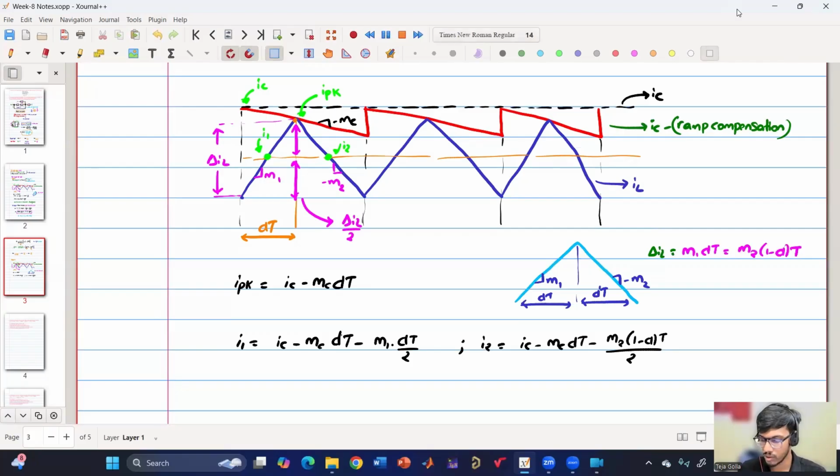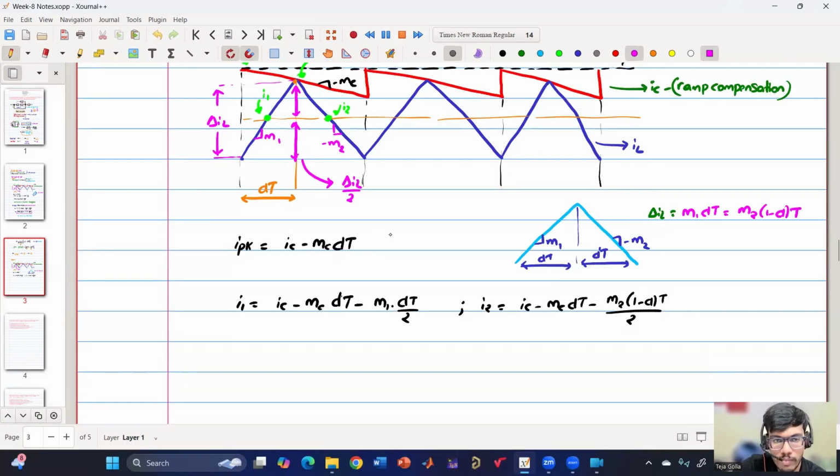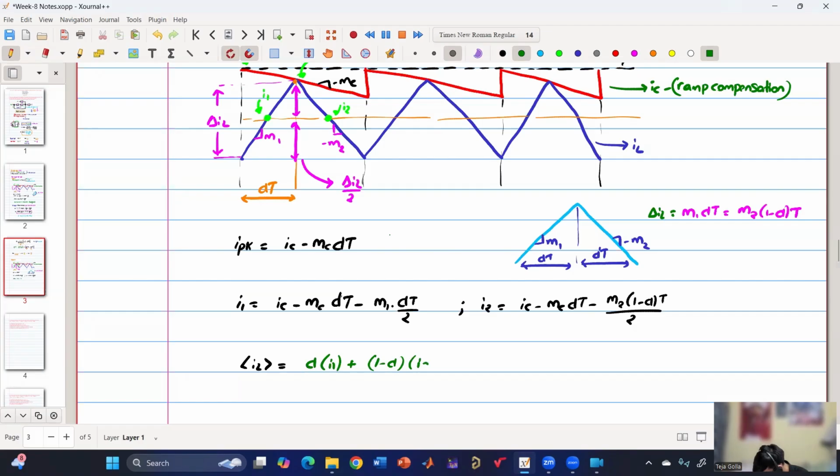Yes, sir. So now we are going to consider the average in terms of I1 and I2. I1 is there for dt time, I2 is there for 1 minus dt time. So we'll get the average of IL as d into I1 plus 1 minus d into I2, because there is a ratio d for this and 1 minus d for this.